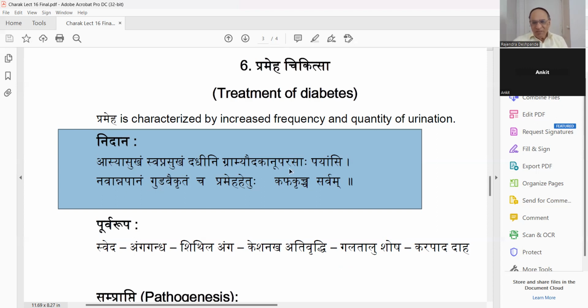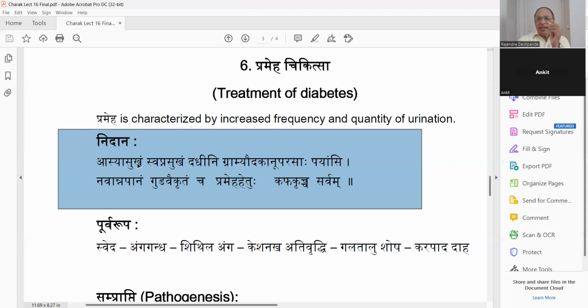So whatever kapha prakopak ahar and vihar, that is bad for prameha. What is that? Swapna sukha, sleeping in the daytime. Ayurveda says don't sleep in the daytime, except, again a question for AIPGT entrance examination, in Grishma Rutu, when it is too hot outside.